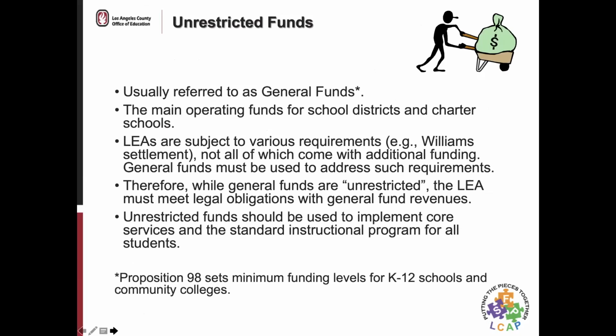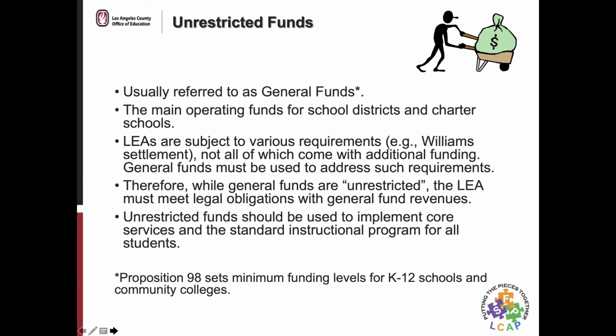Now, unrestricted funds usually refer to general funds, the district's main operating budget. Having said that, various requirements apply to all LEAs that have to be addressed through the general fund budget. So it sounds like, great, we've got this money, general fund, we can do whatever we want. Well, there are still requirements. Think about Williams requirements.